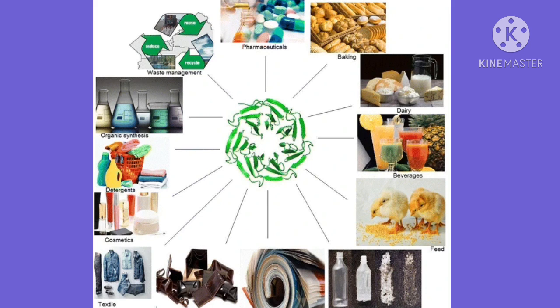Oxalic acid, acetic acid and citric acids are produced by fungus Aspergillus niger. Enzymes like lipase, invertase, protease and glucose oxidase are derived from microbes. Yeast are rich source of vitamin B complex. So yeast contains more vitamin B complex.